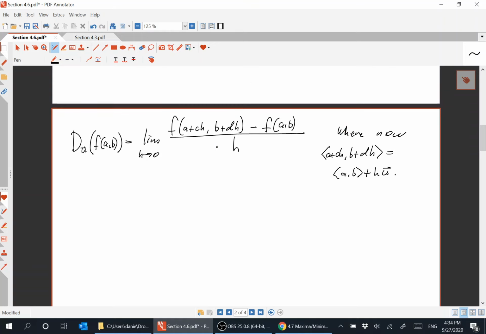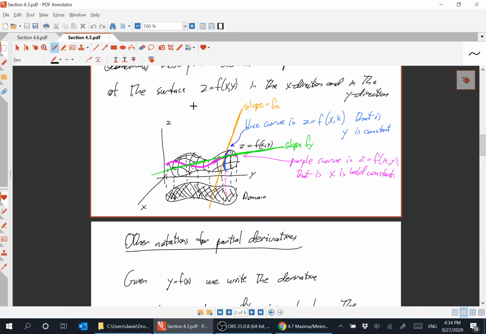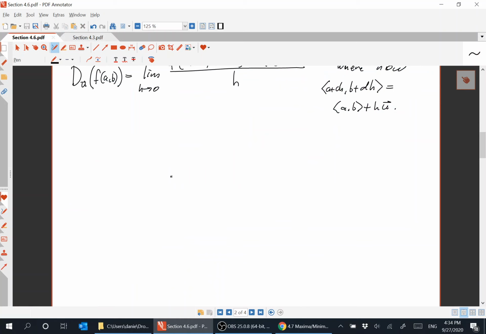Okay, now before we get into calculating that, what does it mean geometrically? Well, geometrically, the partial derivative of f with respect to x and the partial derivative of f with respect to y were the slopes of these lines, these curves on that surface.